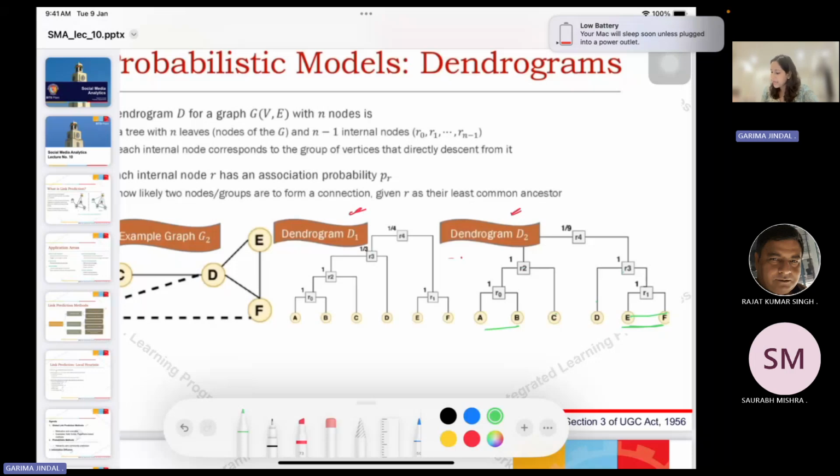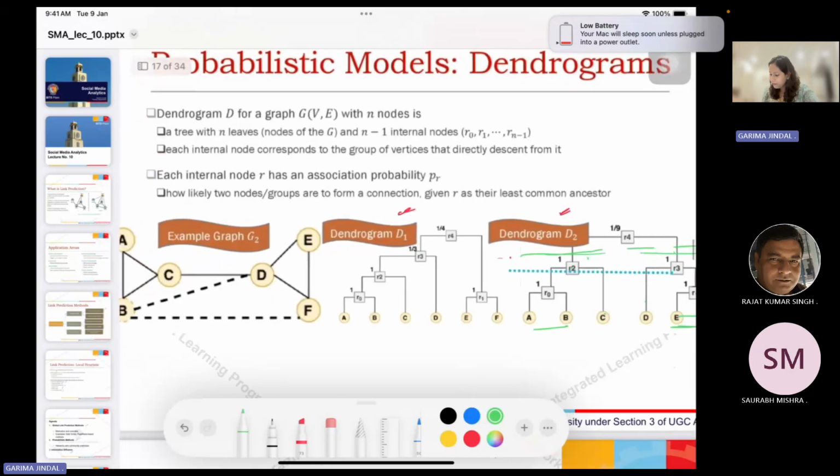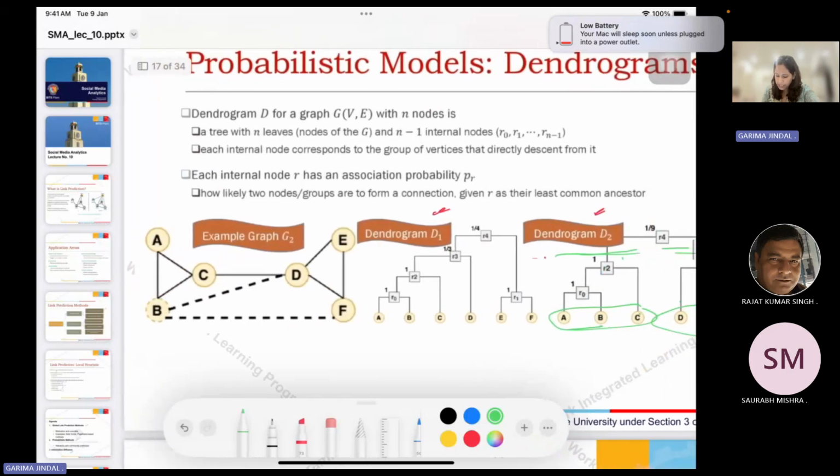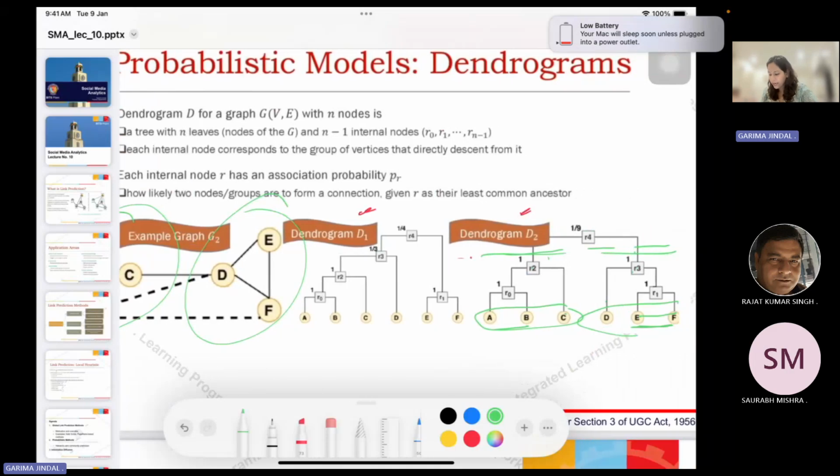Then we have a final level where these two groups are connected. If you cut this dendrogram here, you have two groups: one is ABC and the other is DEF. So these are the two groups identified by this dendrogram if you cut at this level. This is the explanation of the dendrograms.